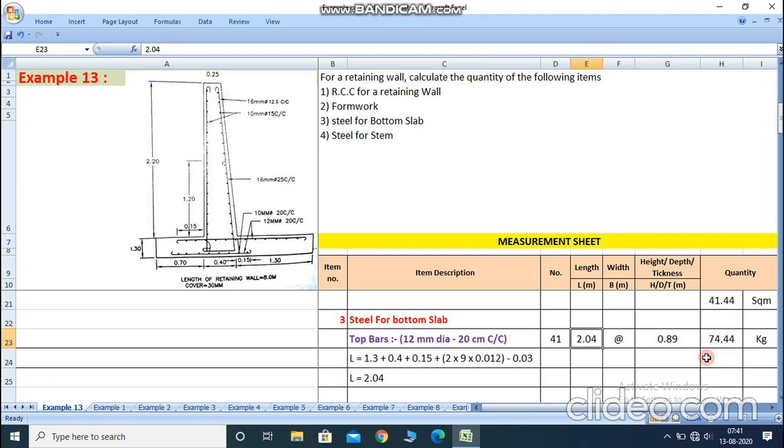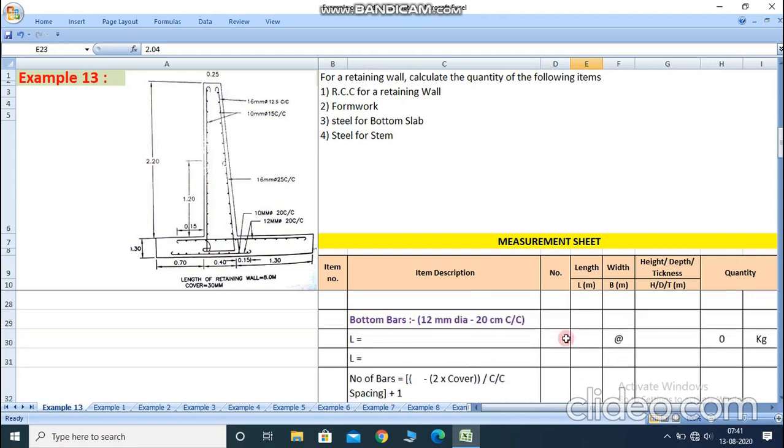Now we calculated the top bar; next is the bottom bar, the bottom portion bar.